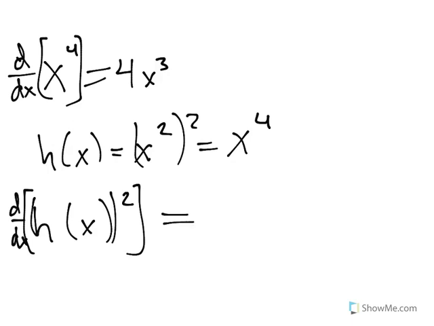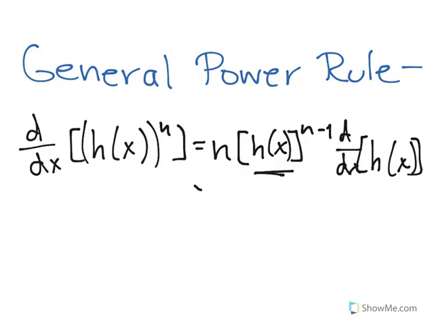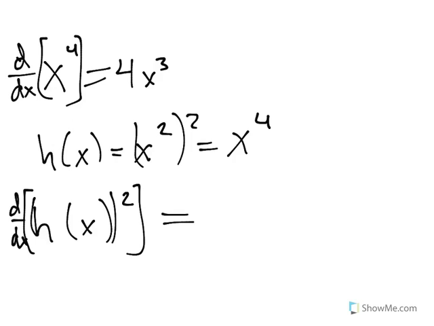We basically do the power rule like we did before. We bring the exponent down as our coefficient, then we multiply it times h of x, which we defined to be x squared, and now to our exponent we subtract 1, so that's just to the 1.